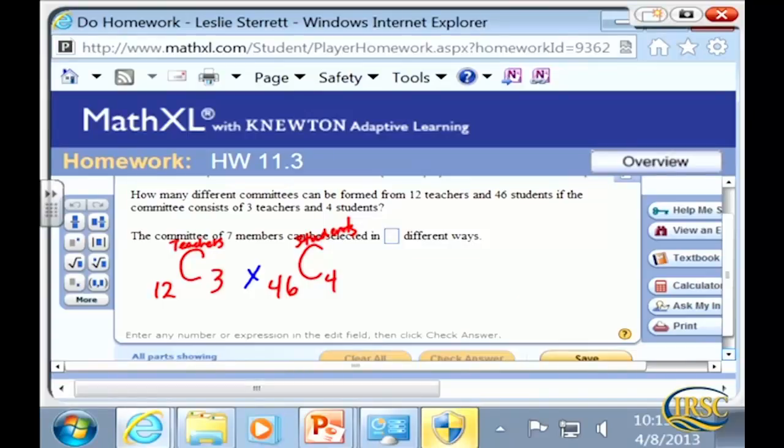All right, so off to the side, 12 choose 3. We have 12 factorial, and then what is 12 minus 3? 9 factorial, 3 factorial. Good. So 12, 11, 10, and then 9, we can stop there because that's going to cancel with the 9 factorial. I still need to expand out the 3 factorial.